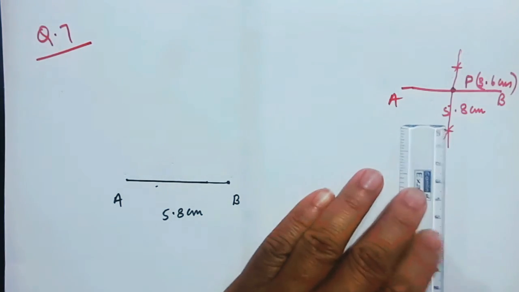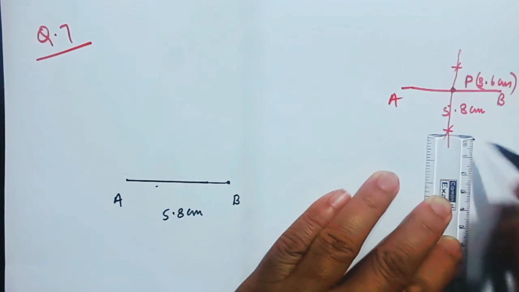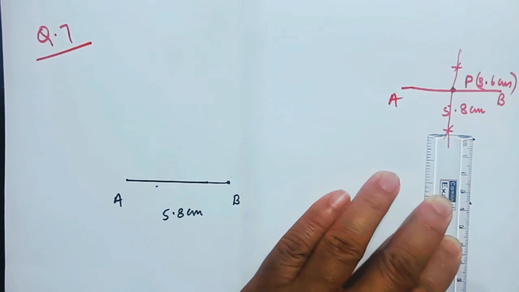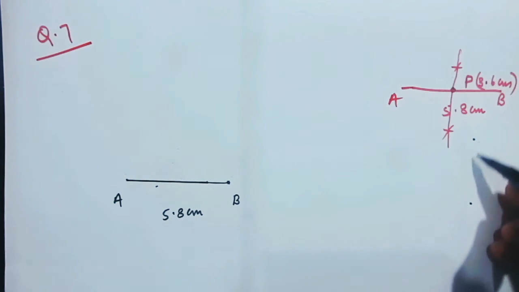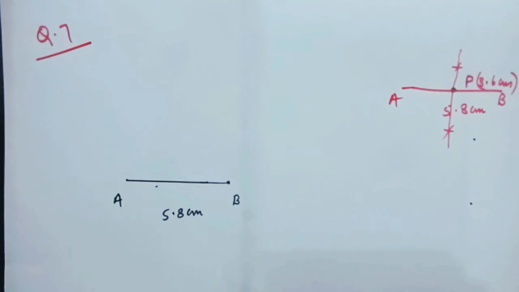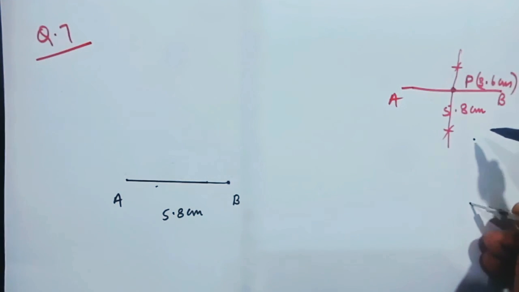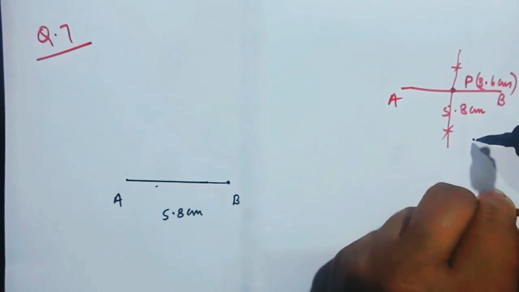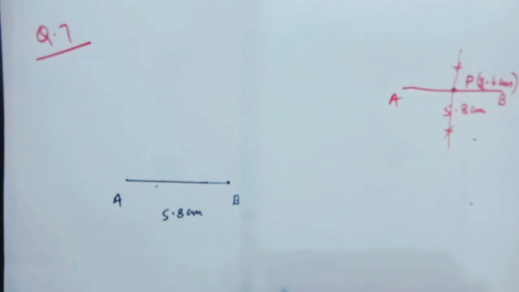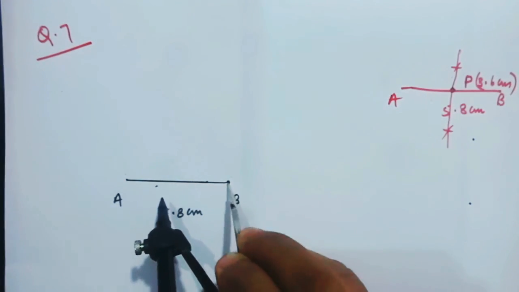So why not take the length over here, 3.6 here and 3.6 here. This is my length equal to 3.6 centimeter, which I shall be measuring with the help of this compass only. Remember, you have to use only ruler and compass.